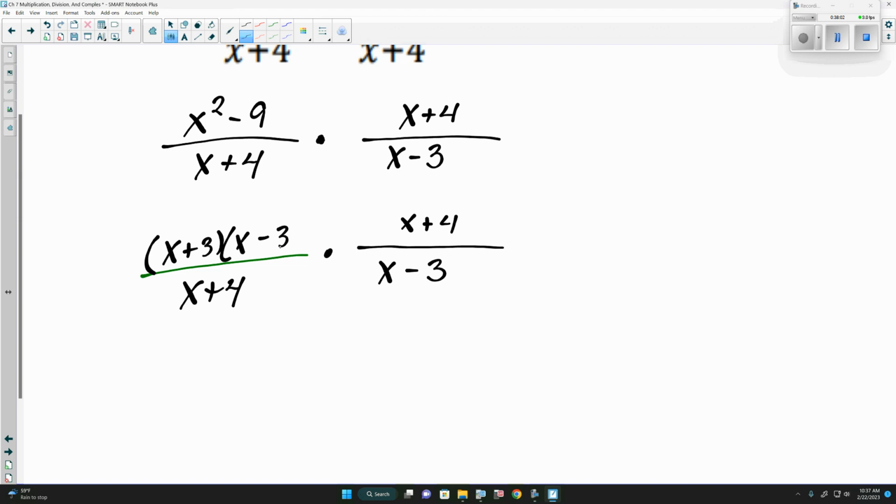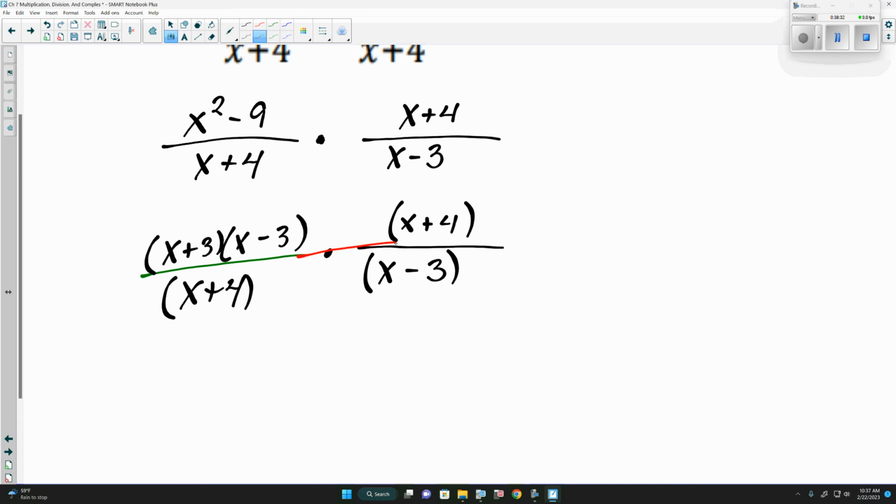X minus 3 times x plus 3. If there are two terms and you want to check them, taking the square root of just the numbers will help us see it. So square root of 9 is 3. All you have to do is plus or minus.